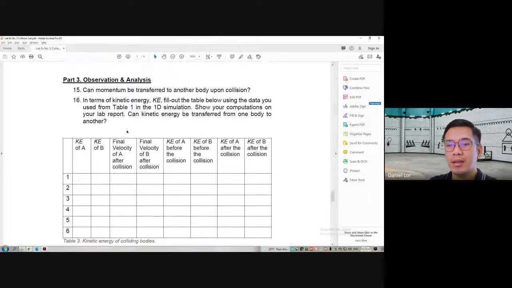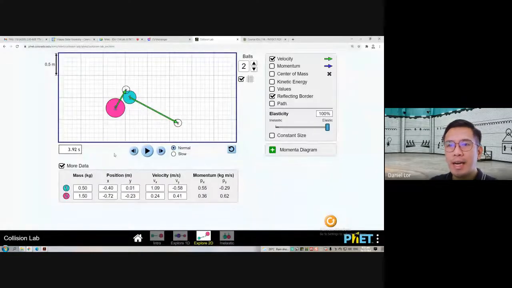Number 16, in terms of kinetic energy or KE, fill out the table below using the data you used from table 1 in the 1D simulation. Show your computations on your lab report. Can kinetic energy be transferred from one body to another? So, how can we solve for the kinetic energy?